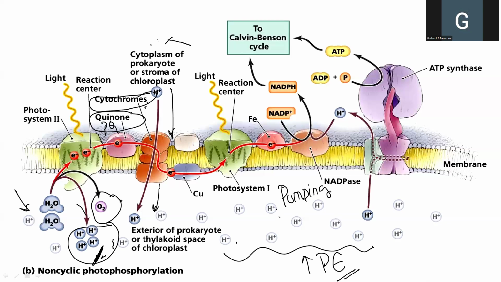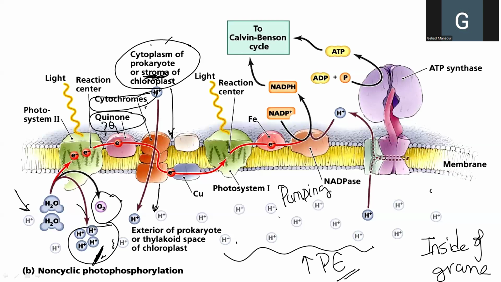And it is important every time you talk about proton pumping to mention that the protons are being pumped from the stroma of the chloroplast to the inside of the thylakoid. This is the inside of the grana.